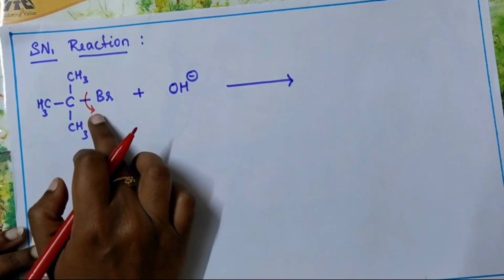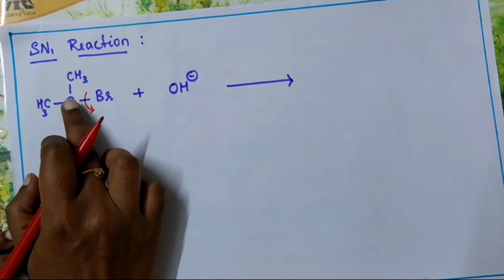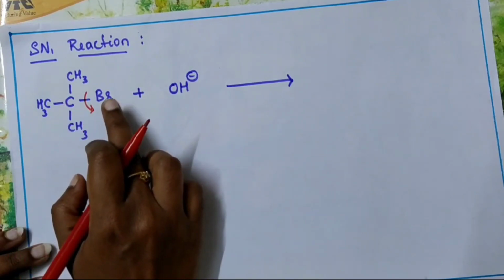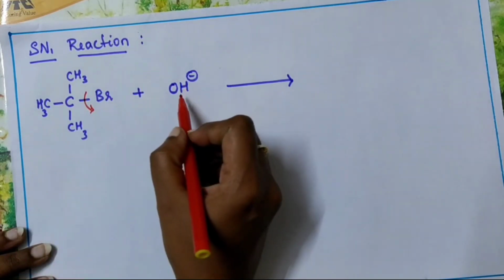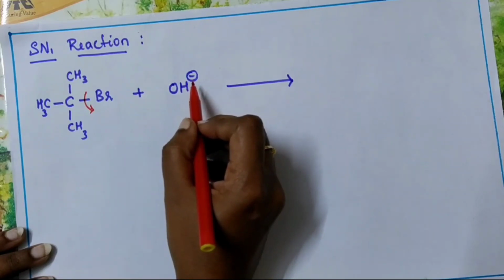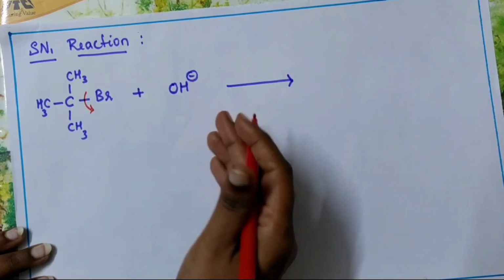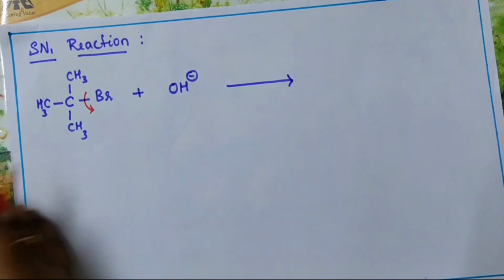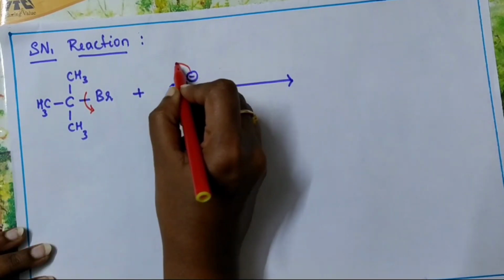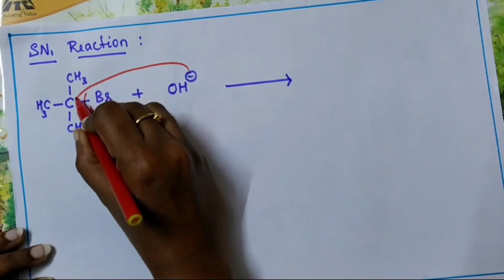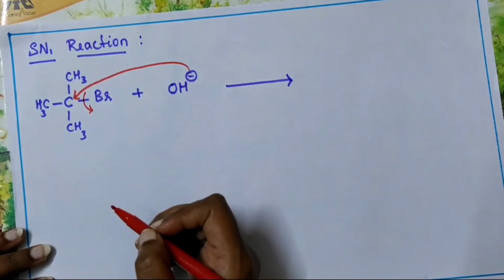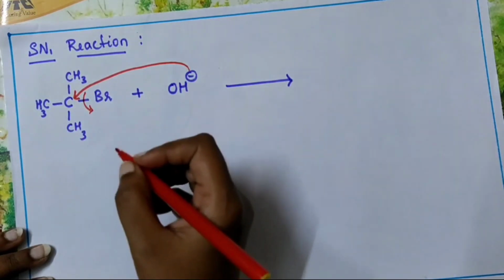When this bond breaks, we know that carbon is going to get a positive charge and Br is going to get a negative charge. Since our nucleophile is negative in charge, it will get attracted towards the positive charge. So this OH minus will go and attack the carbocation, C plus.